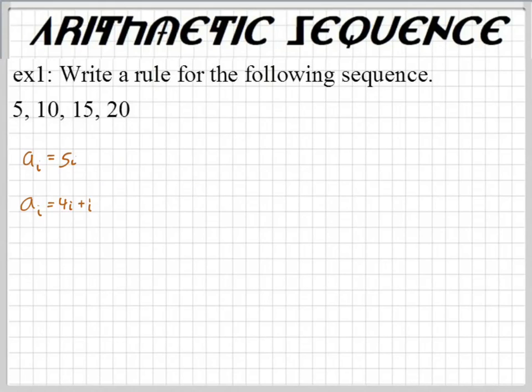All right, now this is called an arithmetic sequence, and the reason it's called an arithmetic sequence is because it has a common difference. A common difference is something that you can add to each number to get the next number. How can you find common differences? You can find common differences most of the time just by looking at it, but if you can't tell, you would take two numbers.